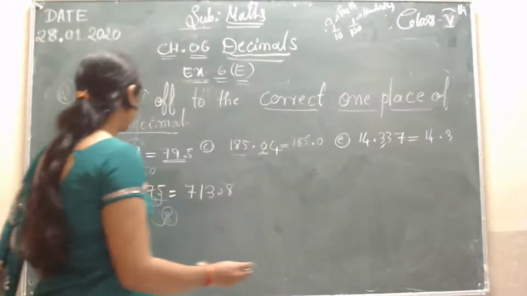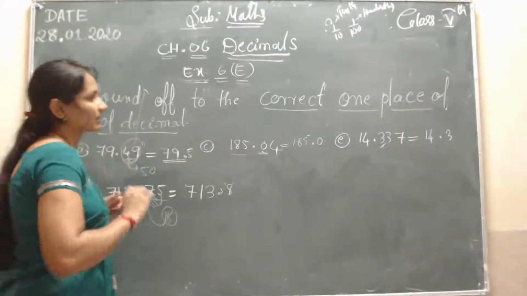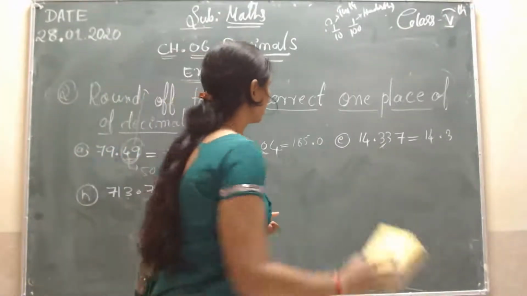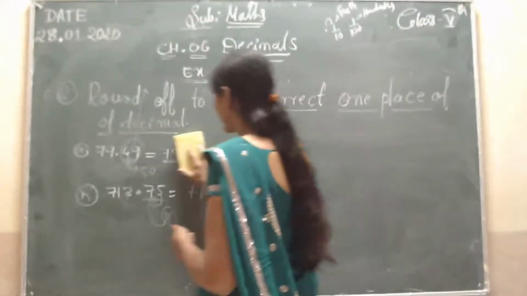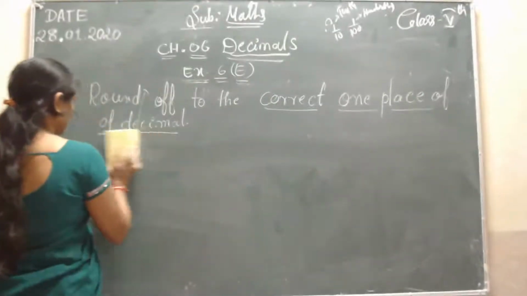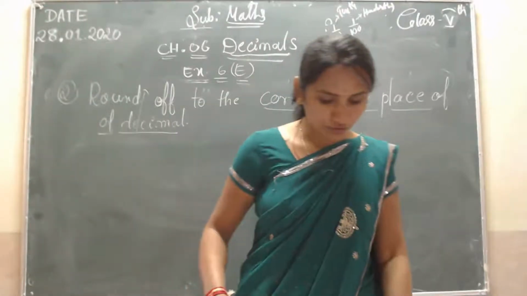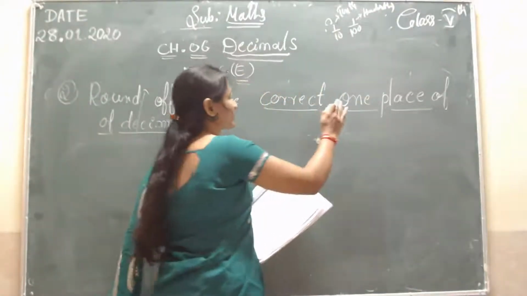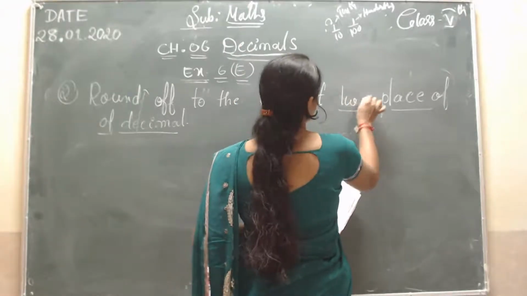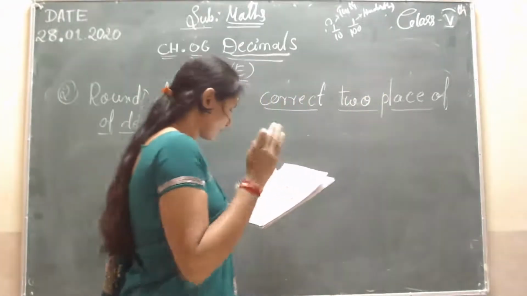This one we will consider just one place. Next, same statement, but round to two correct places, not one place. You have to take here 2 places, 2 places of decimal.